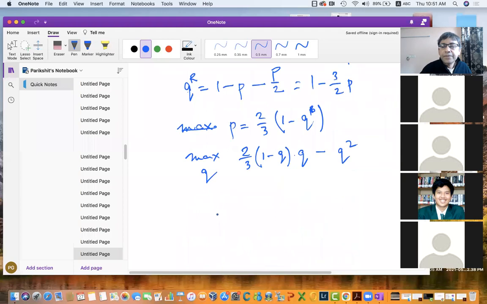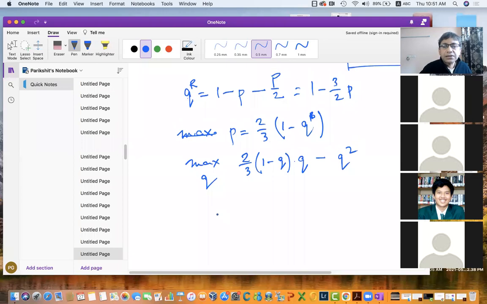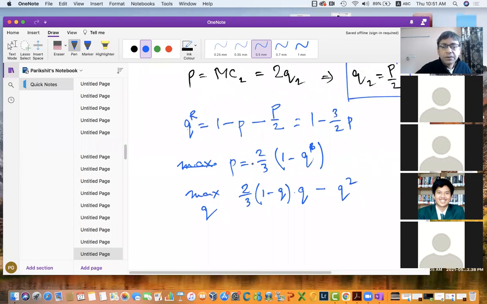Sir, I think I might be a little confused here, but the question says that the dominant firm chooses the price. So shouldn't we write Q in terms of P instead of writing P in terms of Q? So let's review it. What was the first step? The first step was I derived the residual demand for this dominant firm, right? And that's given by this. They set a price P, they're able to sell this much.